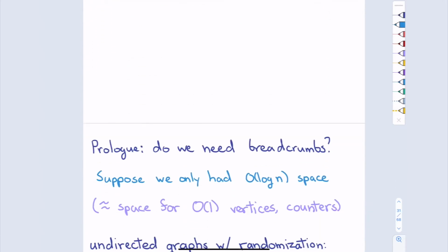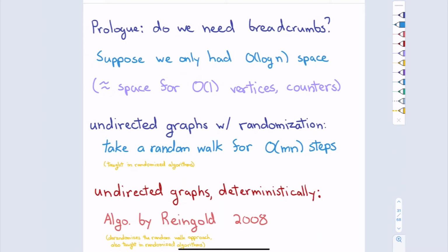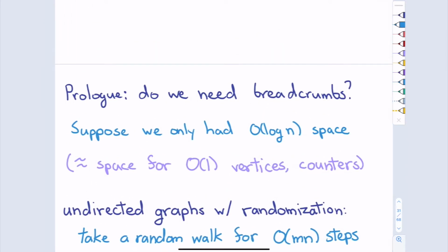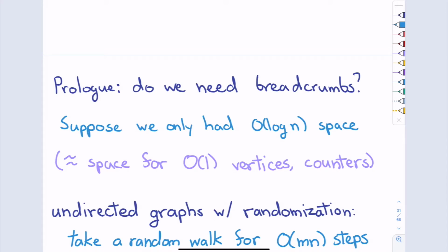All right, so before moving on, I want to talk a little bit about this reachability problem, which I'm sure we all take for granted. But the key idea, really the reason why it works, is because of the marking, because of the breadcrumbs. And so there's this very interesting theoretical question. Can you do anything without memory, without breadcrumbs?